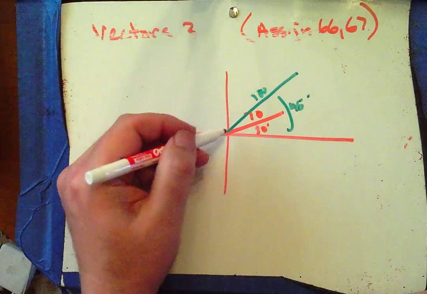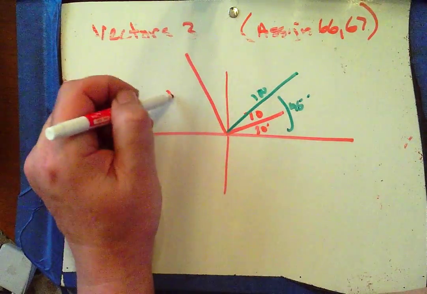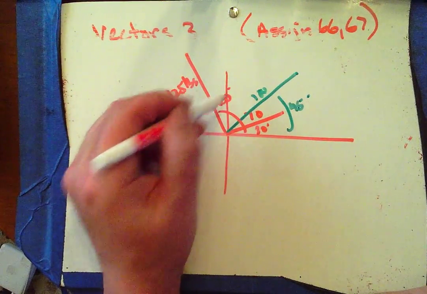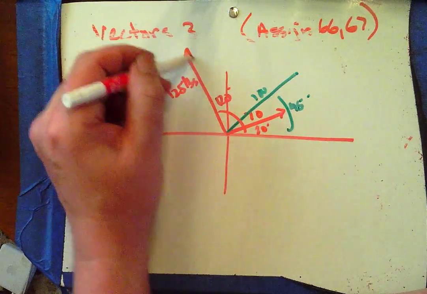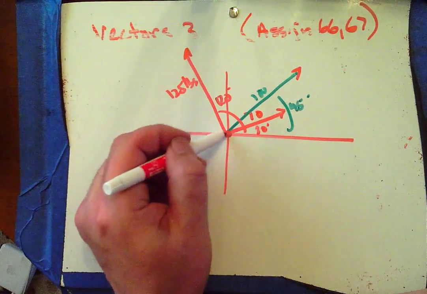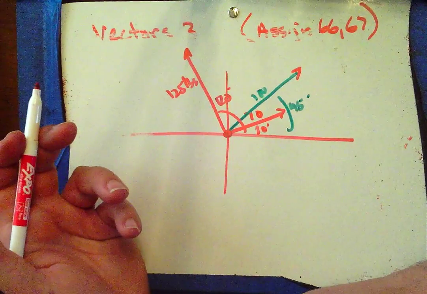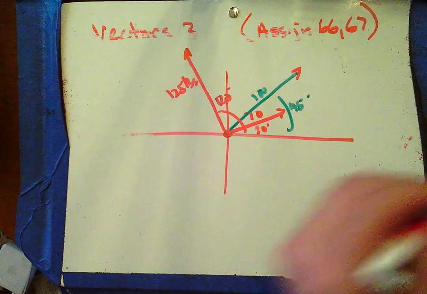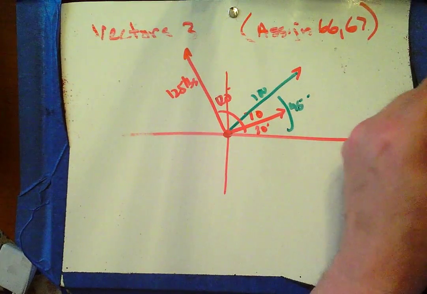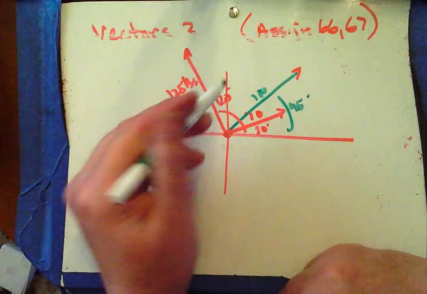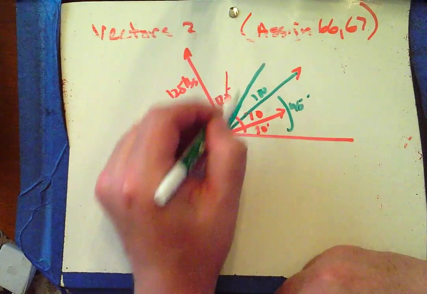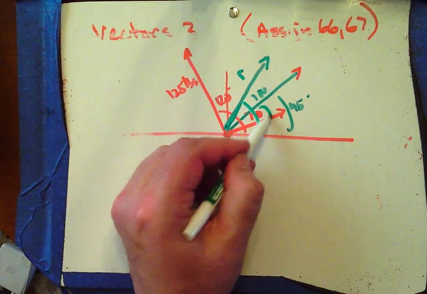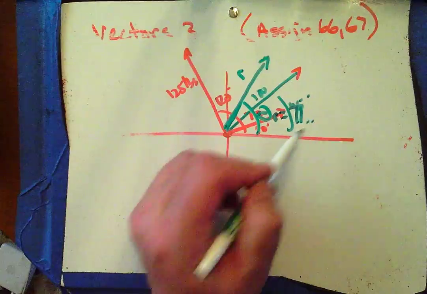And then we had this other force over here, 125 pounds, and that was 120 degrees. And so we've got these three forces acting on this one point. What happens to that one point? Well, what we determined was that it would go off at approximately 74 degrees. This would be the direction that it would go off in. There's our resultant force headed off that way, with theta r approximately 74 degrees.